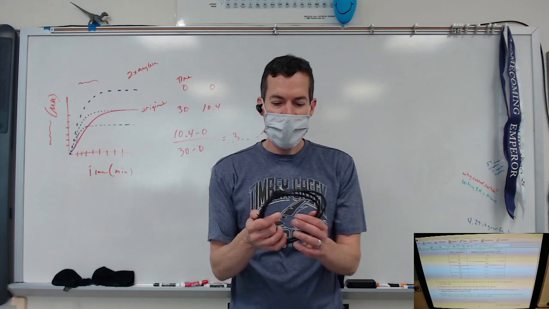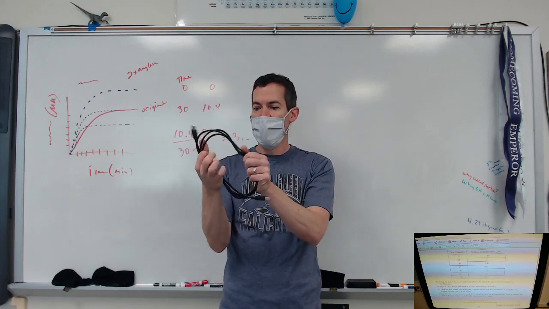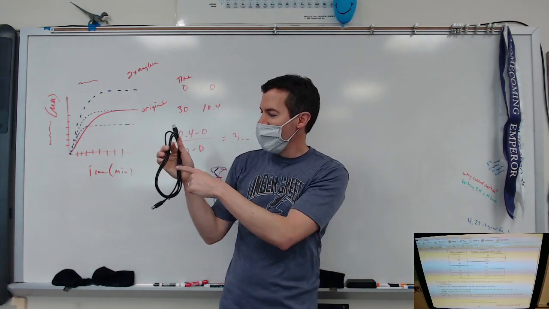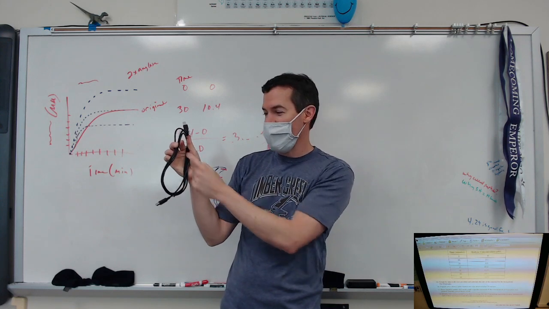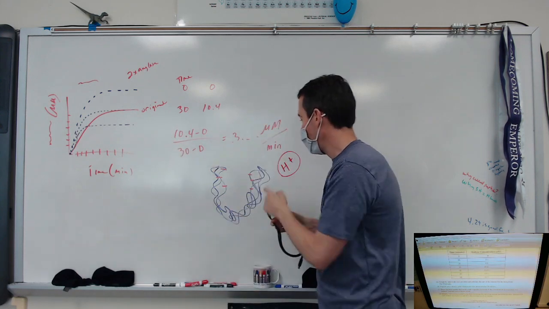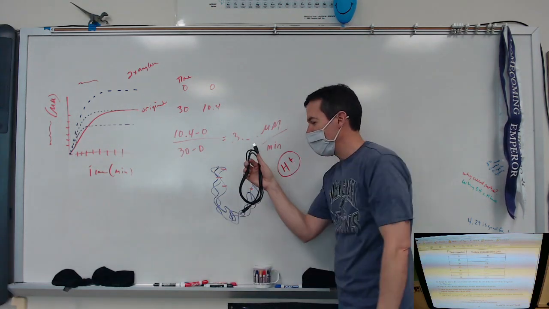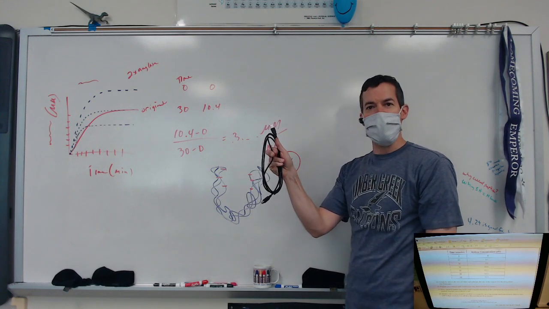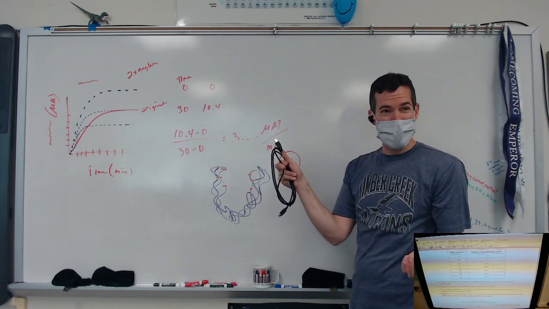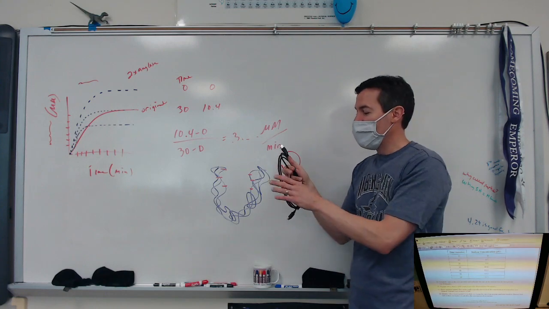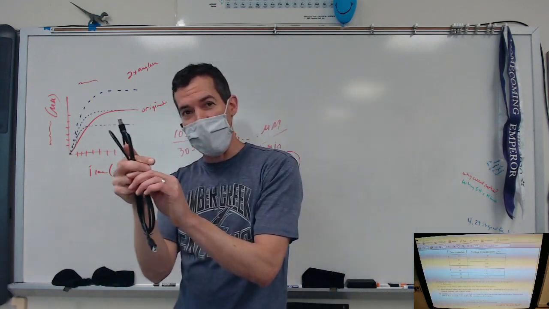So here's my protein. It's got a stable shape. Maybe right now, that and that are attracted by positives and negatives. Once I go in and start covering up those negatives, now it changes shape. Now that enzyme doesn't work anymore. So if it's a reversible change, we call it a conformational change.